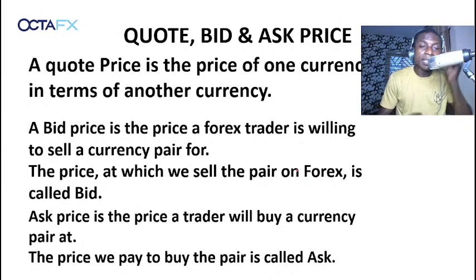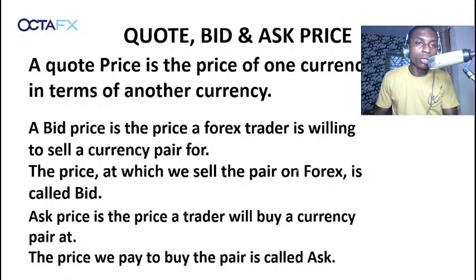Now, this 410 is what is being exchanged, which is that for every $1 you get 410 naira. That is the quote price. Are you getting me now? A bid price is the price a forex trader is willing to sell a currency pair. So I have some dollars and I need naira.